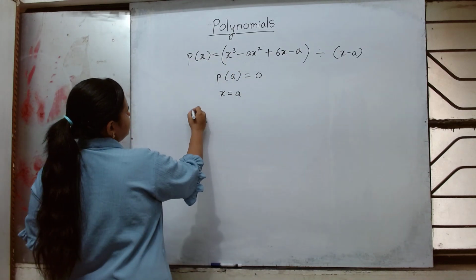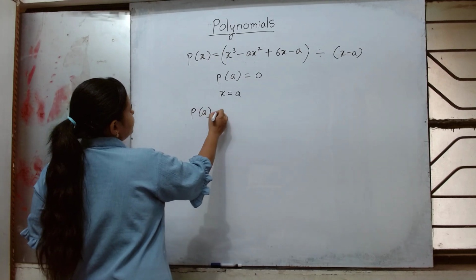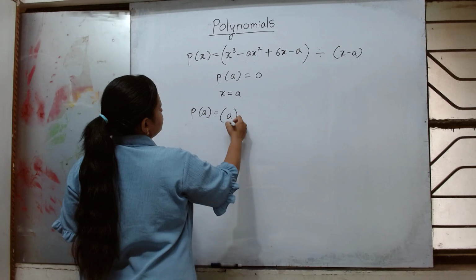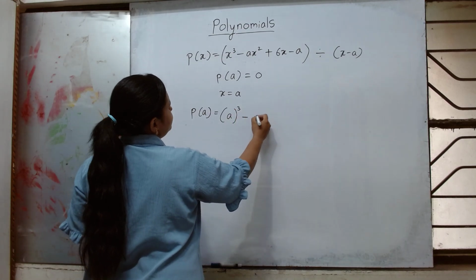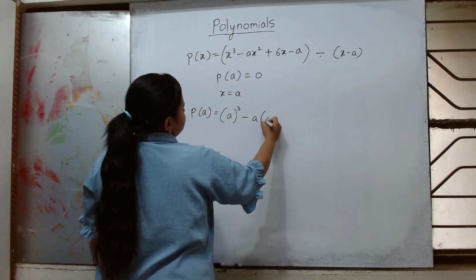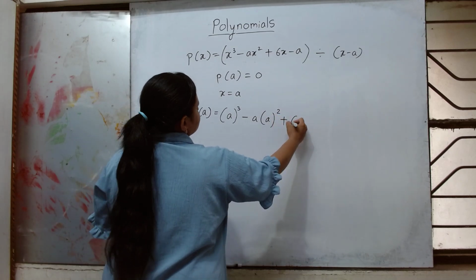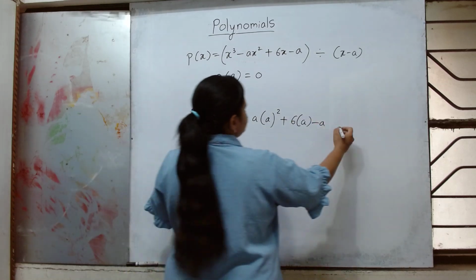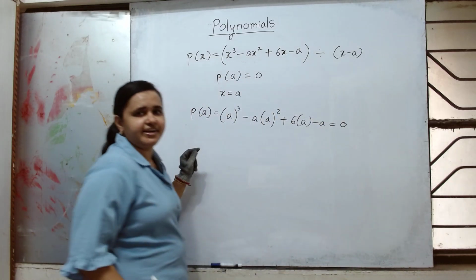We will get p of a is equal to x cube, it is a cube, minus a into x square is a square, plus 6a minus a. It will be equal to 0 by remainder theorem.